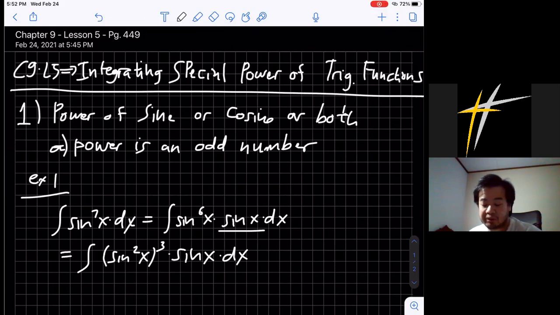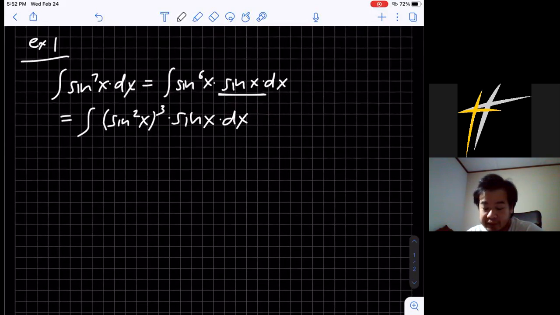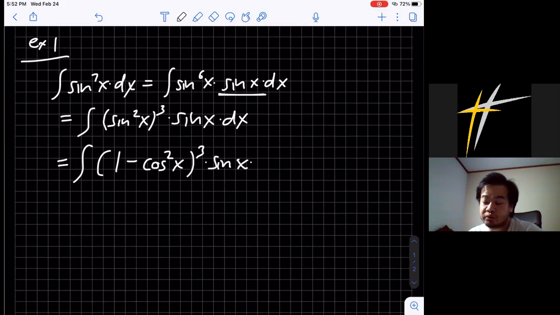Of course, if the power is odd, because you take one, a single power, then the power will be even, and it can always be expressed as sine square x or cosine square x power of something, right? Then the next is to change the sine square x with the Pythagorean property for trigonometric functions. So this is 1 minus cosine square x. I hope you remember this formula. Well, you're supposed to remember this formula.